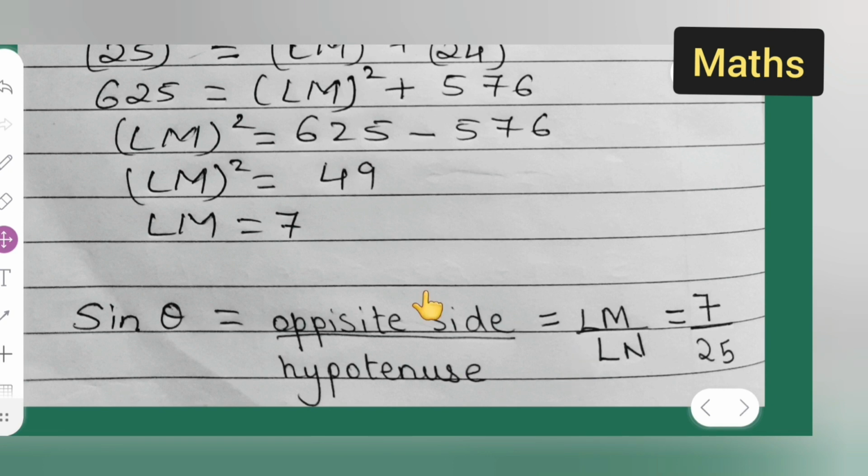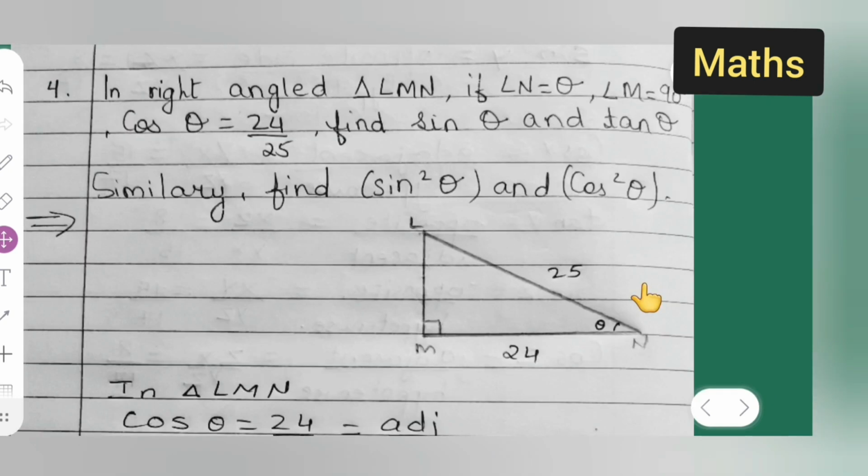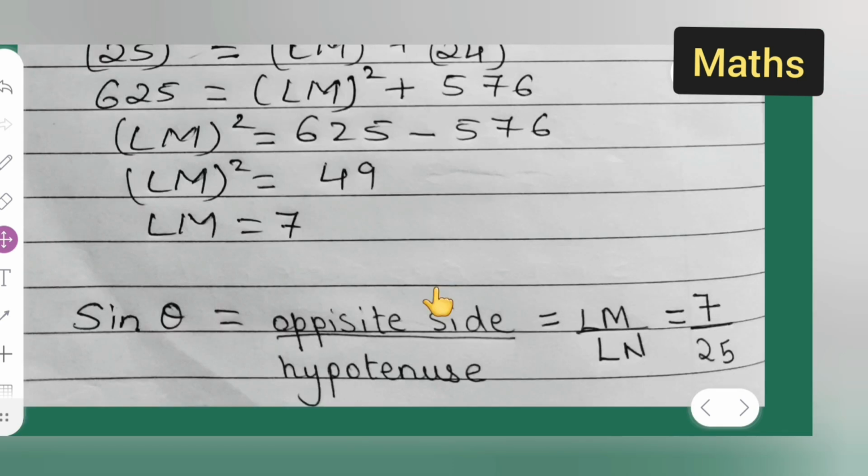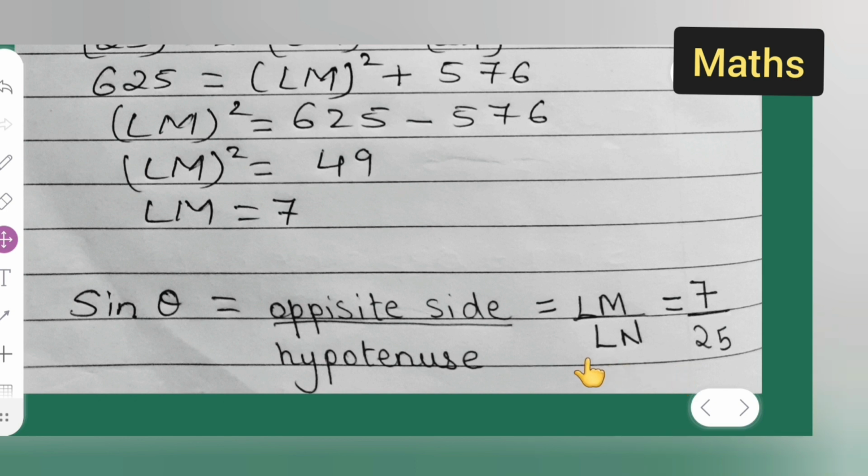Just now what you all got for LM is 7. So 7 upon the hypotenuse, which is 25. So LM is 7, LN is 25, and you can write it down.